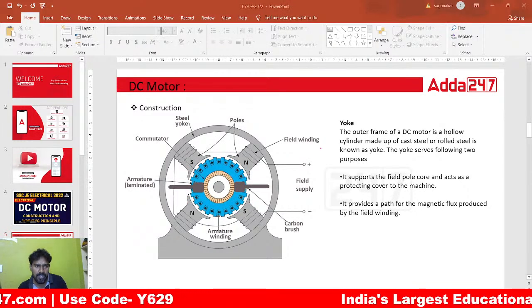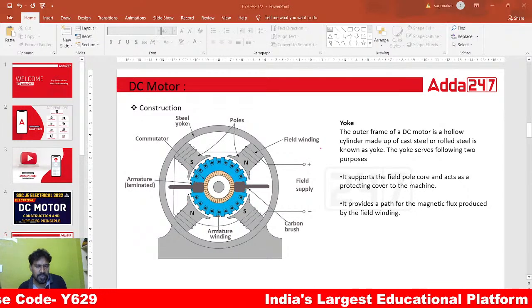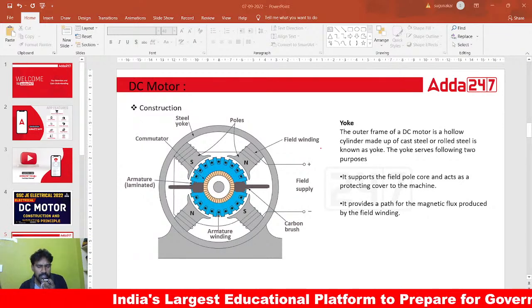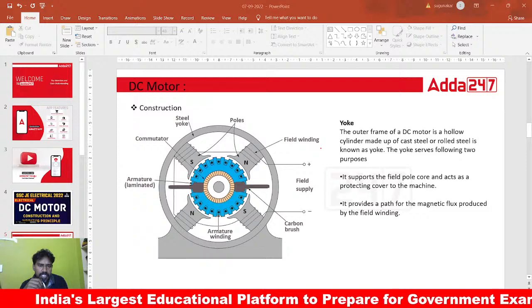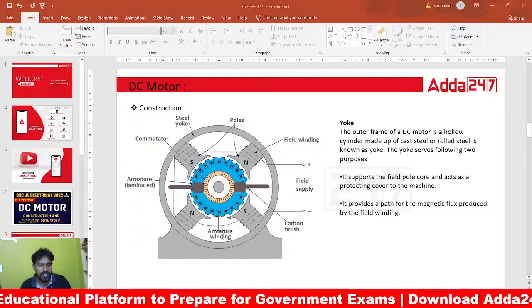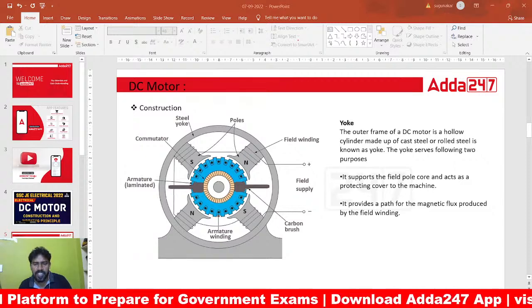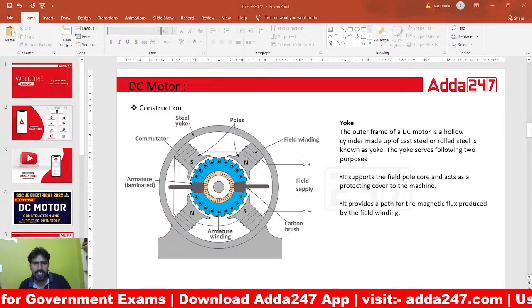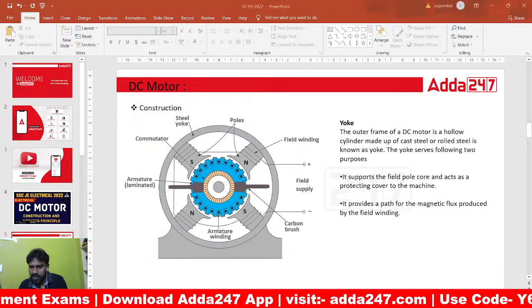Sometimes they will ask the question: what is the function of a DC motor?